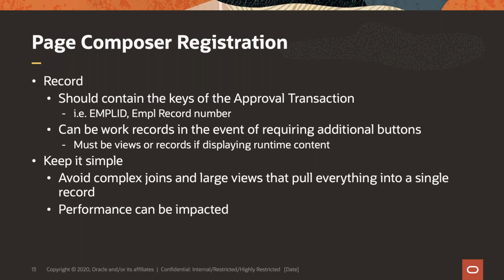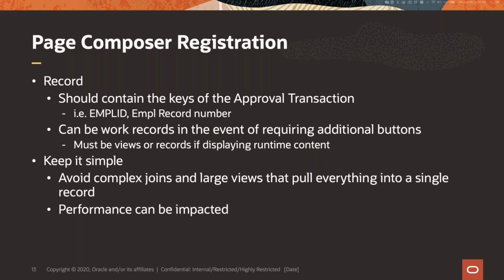The key thing here: if you have a custom approval that you want to add to Page Composer and Fluid Approvals so it shows up on the tile. We're not going to walk through all the Fluid Approval side, but the Page Composer registration side allows single type registration and then composition type registration.